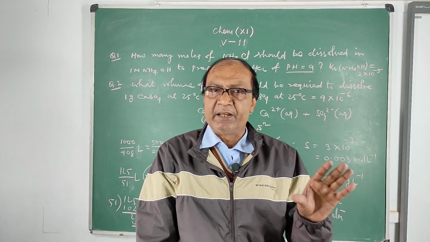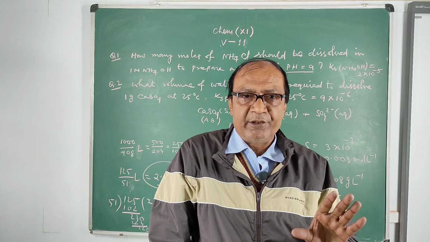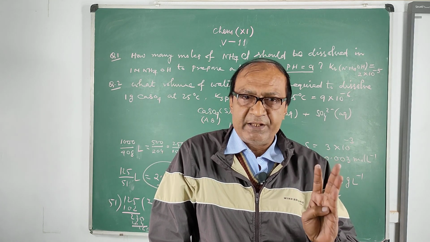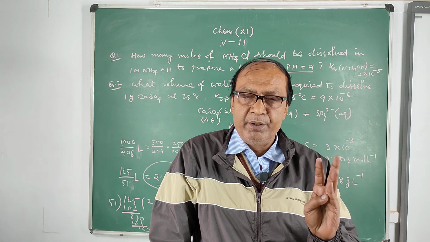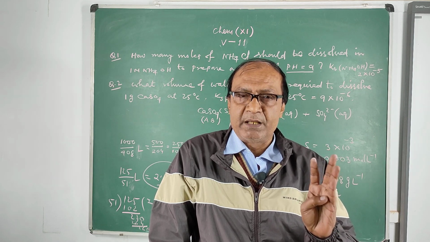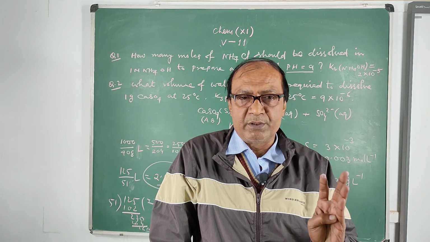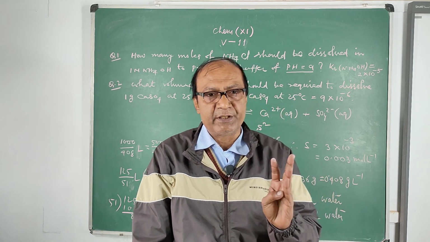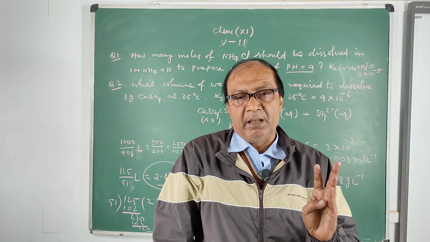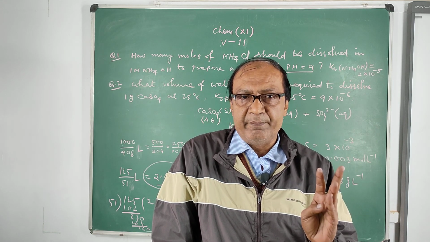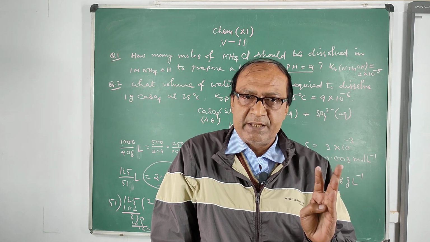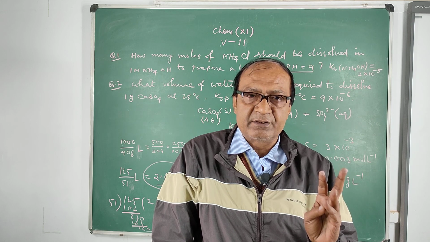Second part is ionic equilibrium. First, the ionization of water, Kw constant, pH plus pOH equals 14. This is constant for any aqueous solution. Then you have the concept of acid base: Lewis concept, Bronsted concept, Arrhenius concept.